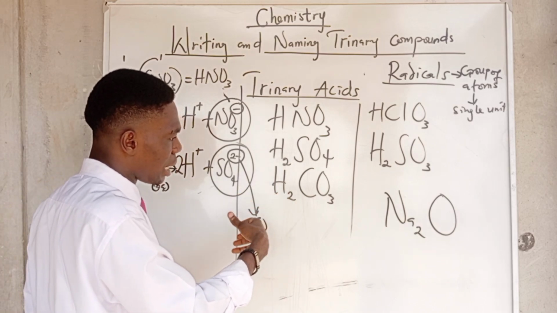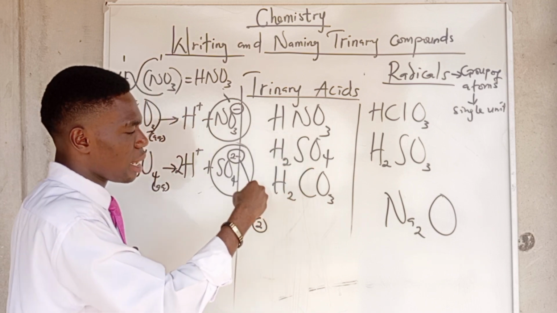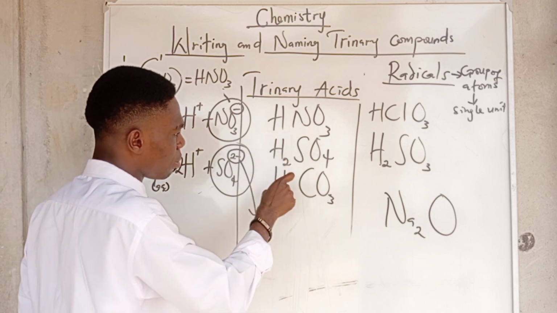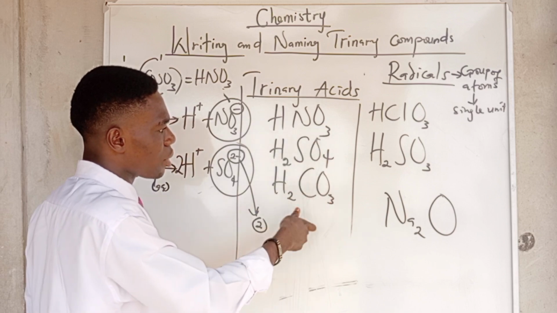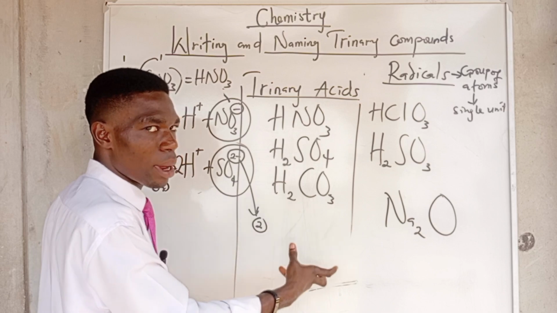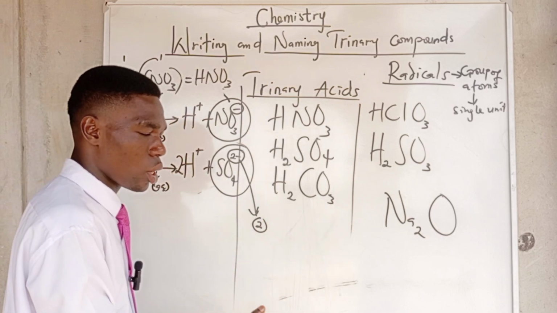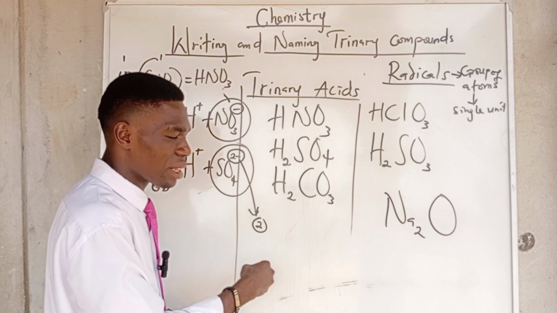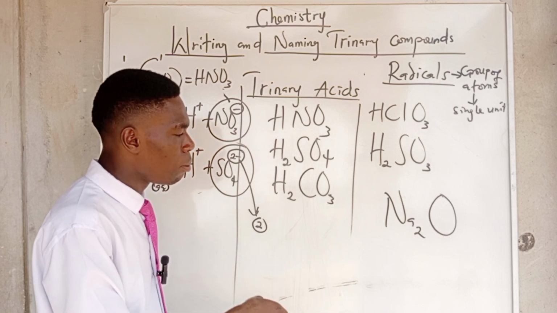So it simply means that if I know the correct chemical formula of ternary acids, I can predict the valency of the negative radical ion that comes from that acid, because it is these radical ions that combine with metallic ions or ammonium ion to form more ternary compounds, and those are what we call salts. Because a salt is formed when a metallic or ammonium ion displaces hydrogen ion from an acid.